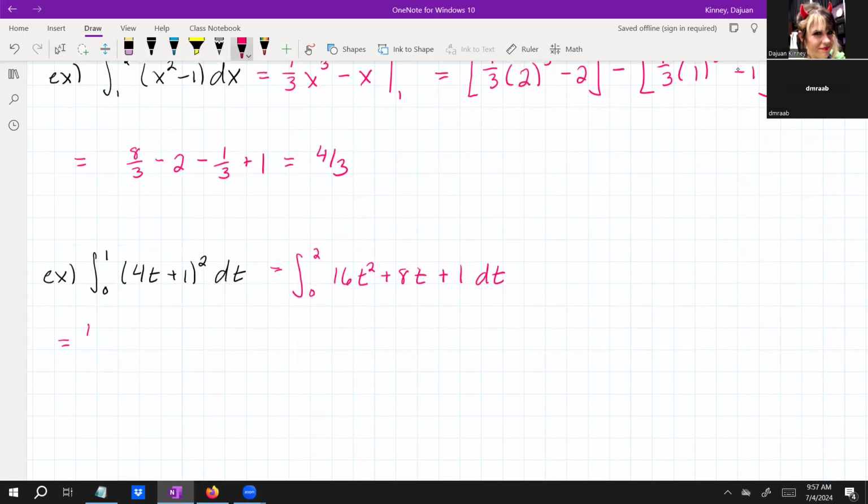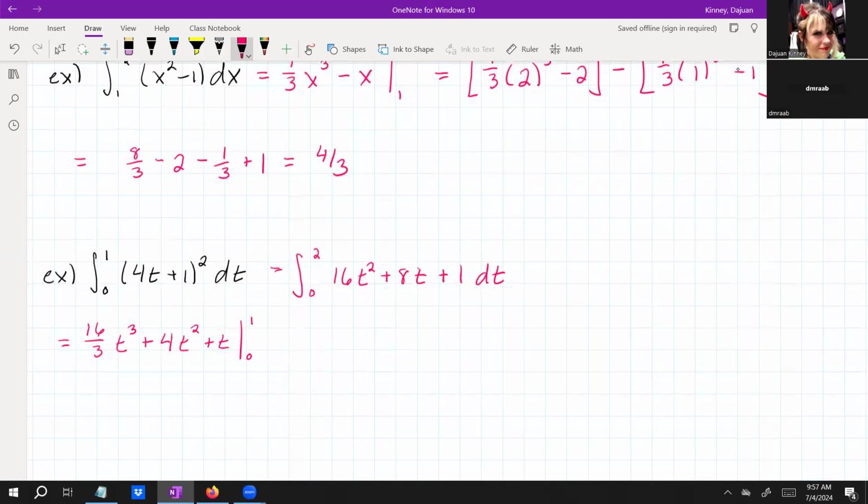Add 1, so 16 thirds t cubed plus 4t squared plus t from 0 to 1.